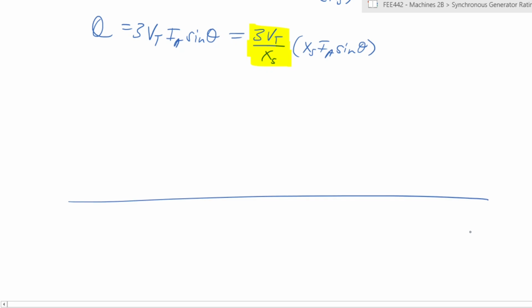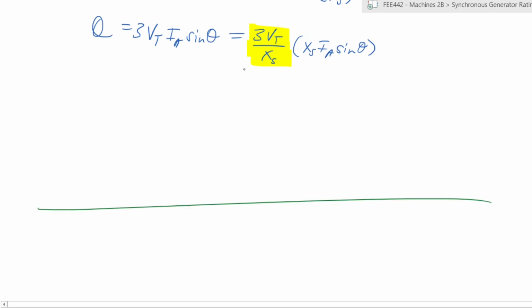If you have two sets of axes, straighten it up a bit. You have your axis there, your axis there. So for power, you would have your first phasor here, which is the equivalent of VT in terms of power.